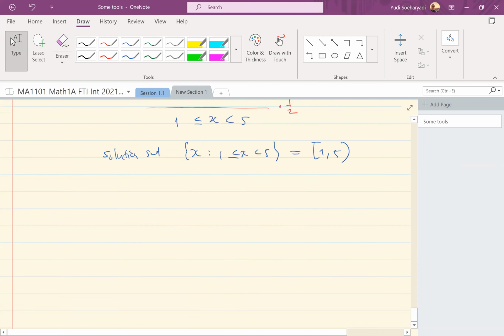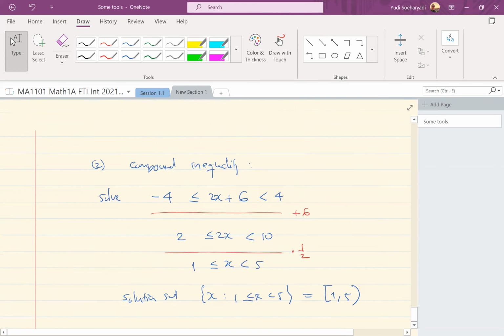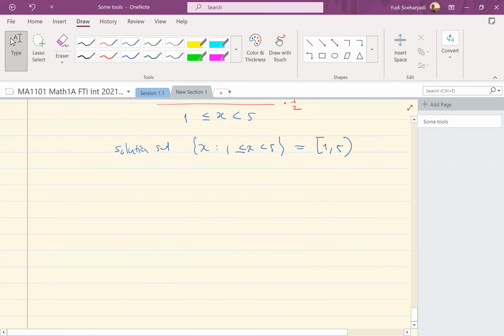Or the quadratic now. Let's see. Which one we solve? Okay. Now I would suggest that you solve it as a sign problem.